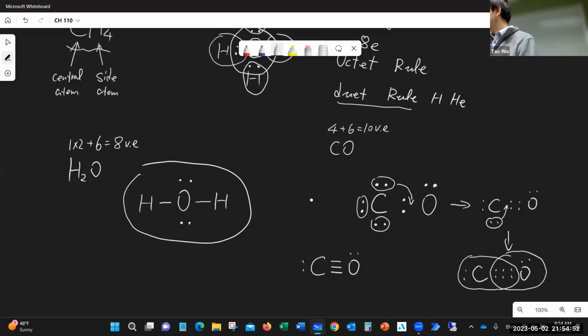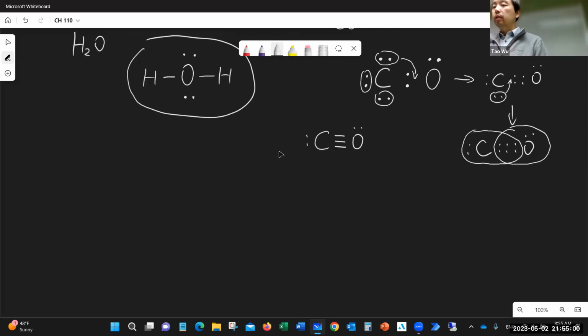Are you clear? Okay. So this is for the CO, carbon monoxide. And we can do one more for carbon dioxide. Okay, carbon dioxide. First of all, you need to see, okay, carbon is a central atom, so put it in the center, and oxygen is on the side, so you put it on the side.